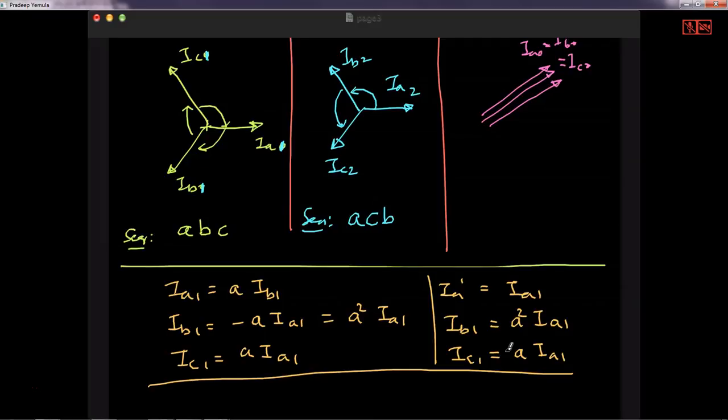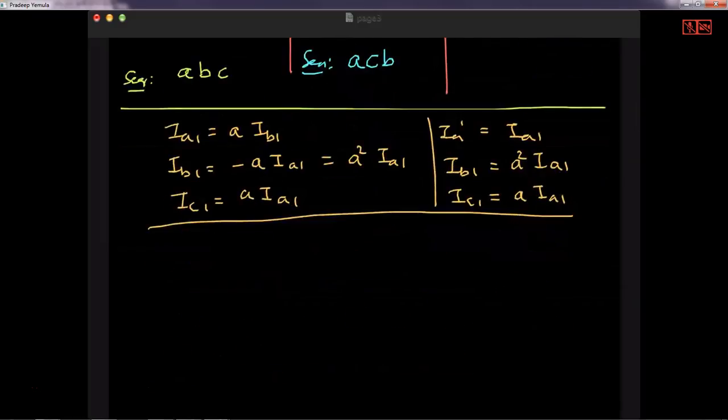Look at the negative sequence currents. So what is IA2, what is IB2, and what is IC2? I want to express in terms of IA2. IA2 is nothing but IA2, just both are equal.